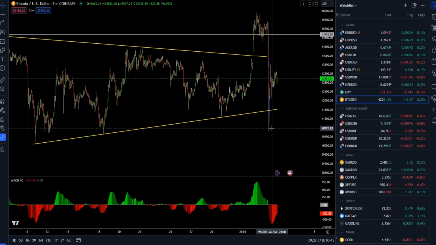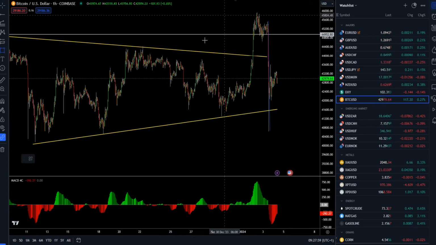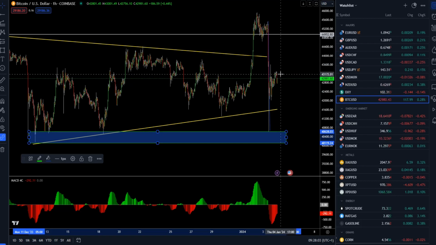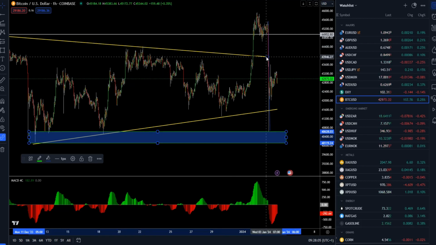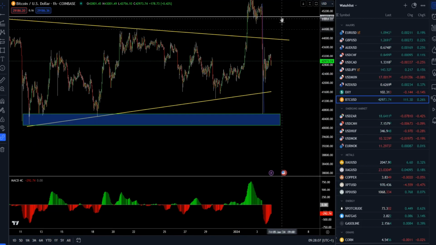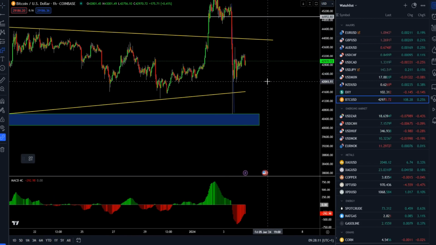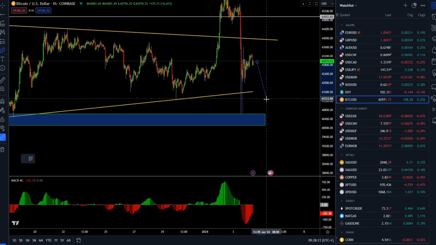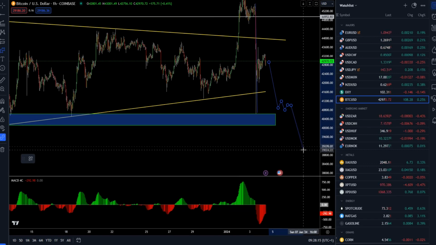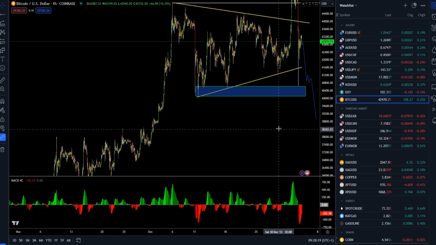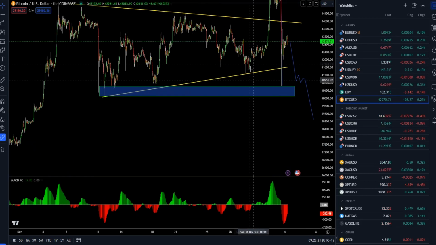But what we can see here is that market rejected from this support cluster from the other side, and now it's basically in the middle again of this consolidation and this contraction. So here I would like to see anything meaningful to the downside, the market to actually take this pin bar, hold below, and that will be a good sign for the further drop, even towards the 38,000 mark.